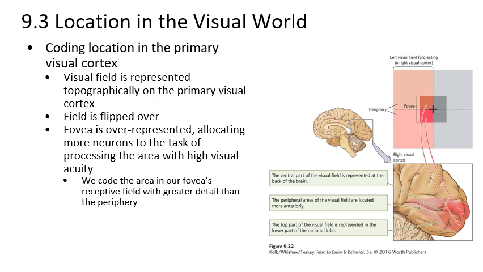The visual field is represented topographically on the primary visual cortex. The visual field is actually flipped over, so things in the bottom of your visual field, like the grass, will be coded on the upper part of the visual cortex.